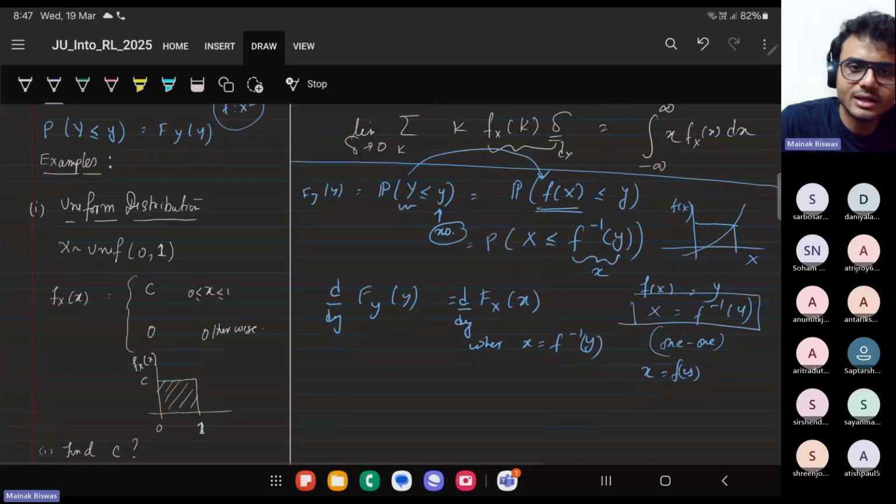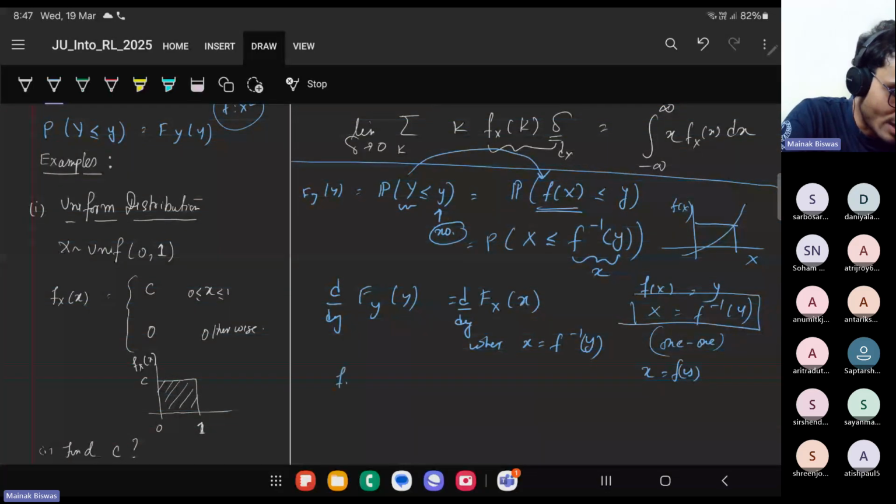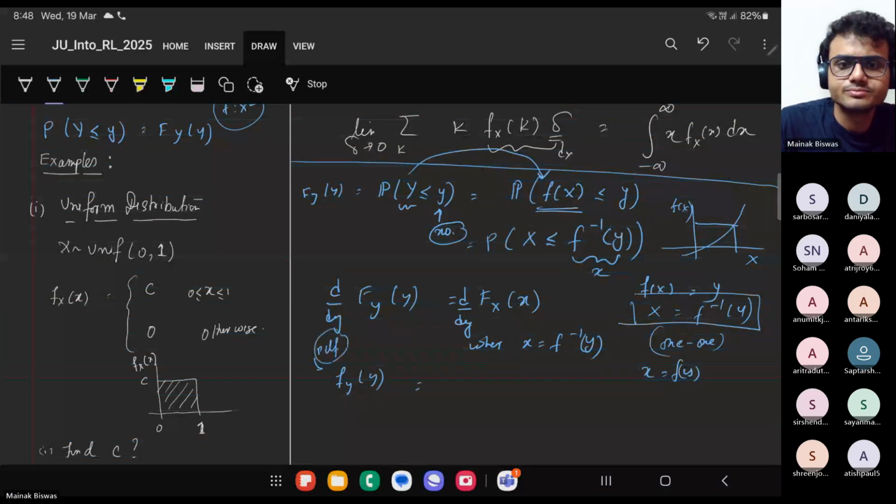What will be the left hand side? It will be f_Y of y, yes or no? The PDF of y. And what will be the right hand side? By chain rule, small f_X and dx dy. So we'll use this and see how to do this.